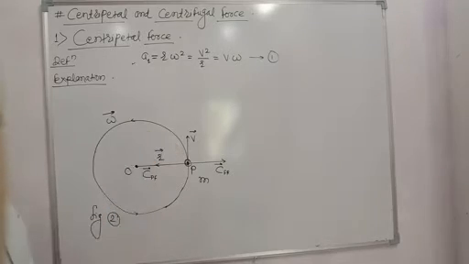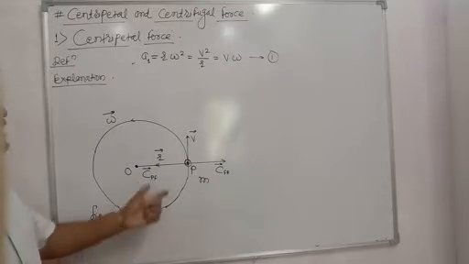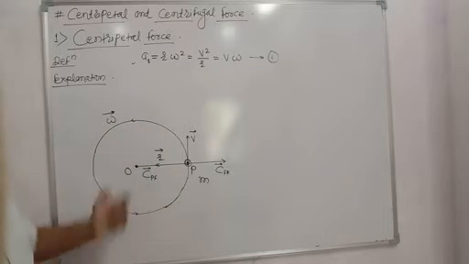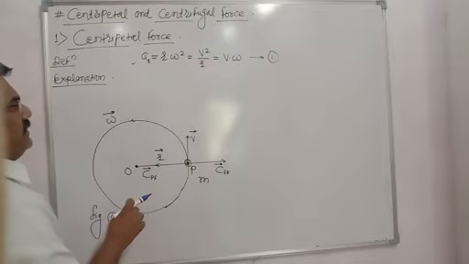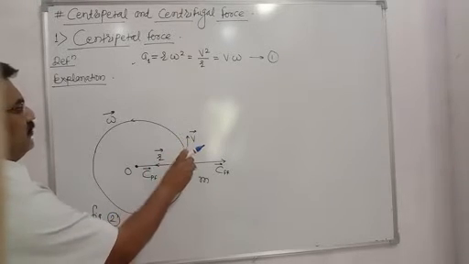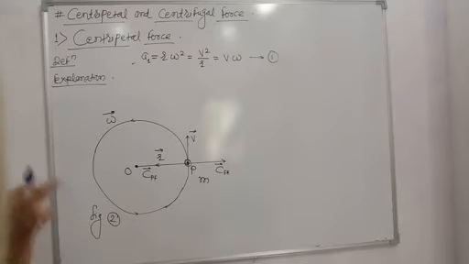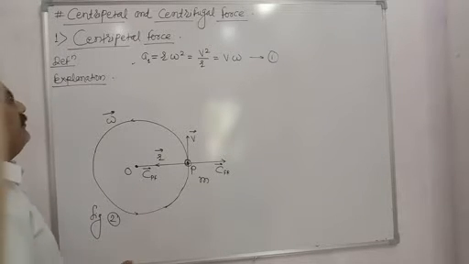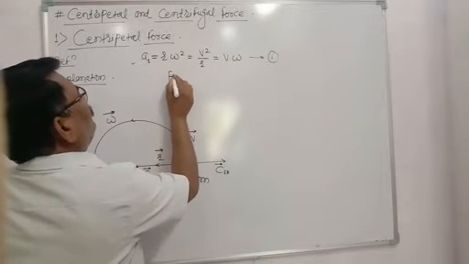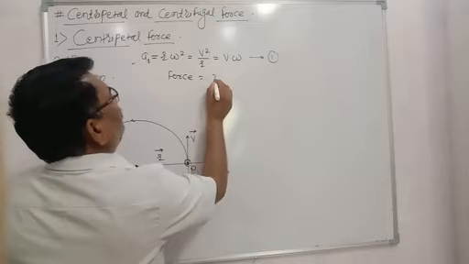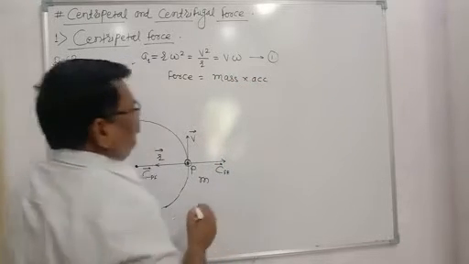But at the same time, as you have already seen, when the particle is executing UCM, some force acts on that particle, which is known as the centripetal force. According to Newton's second law of motion, dear students, force is equal to mass into acceleration.